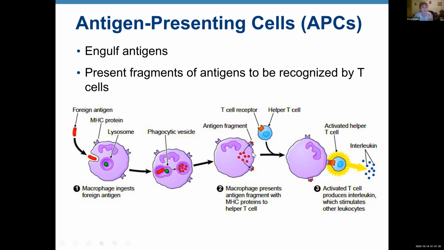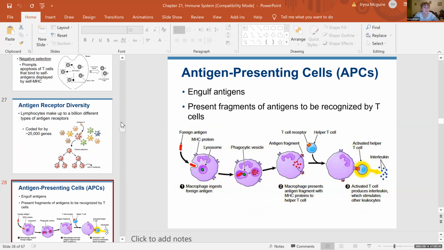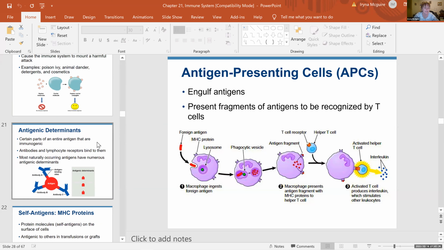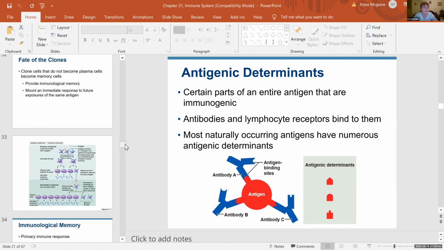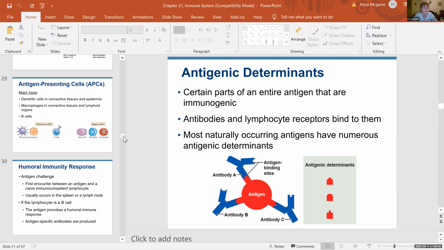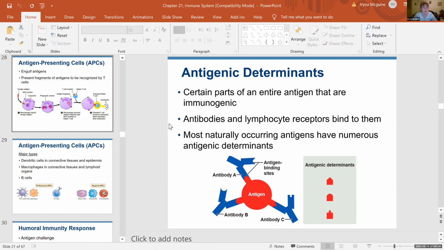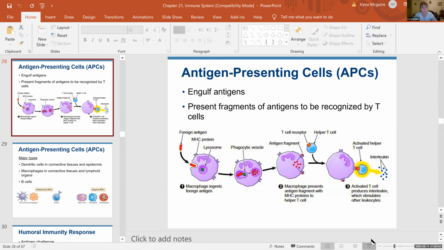This is a fragment of this bacterium, and this fragment has specific determinants. So if I go back over here, it has specific determinants, this shape or this shape or that shape, right? This is what the macrophage presents to your T cells.